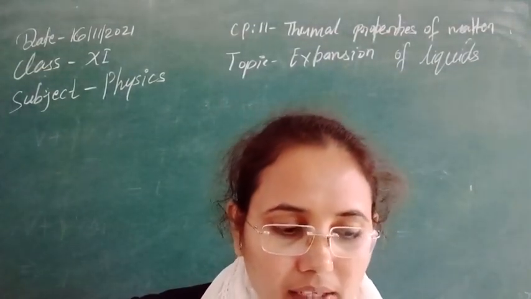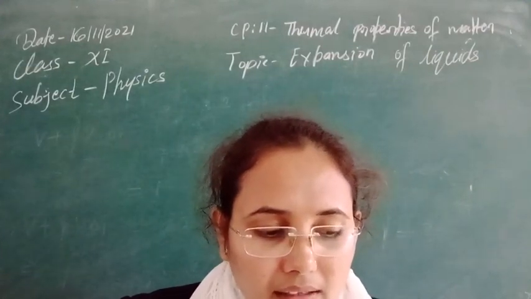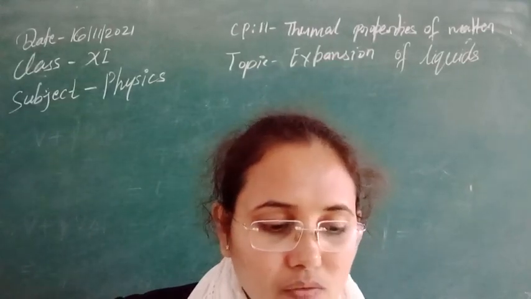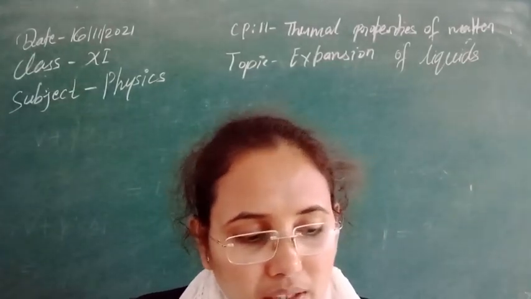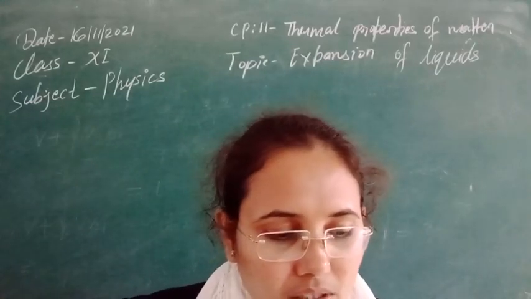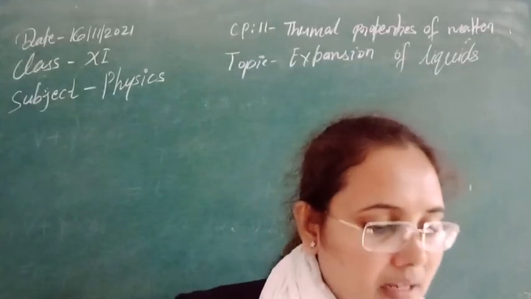So the coefficient of real expansion of a liquid is the real increase in volume of the liquid per unit original volume per degree Celsius rise in temperature. It is represented by gamma r.